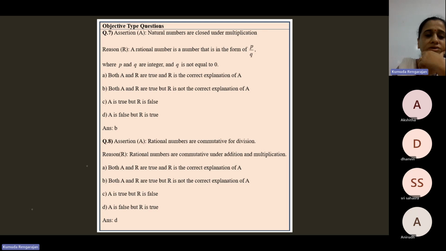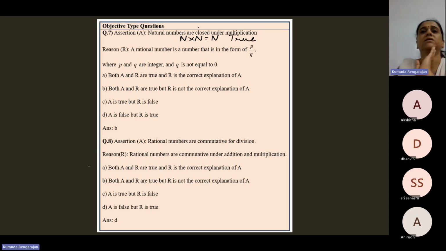The reason statement says a rational number is a number that is in the form of P by Q, where P and Q are integers and Q is not equal to 0. Now, natural numbers are closed under multiplication. Is it correct? Yes, because natural number into natural number is a natural number always. So this is true.